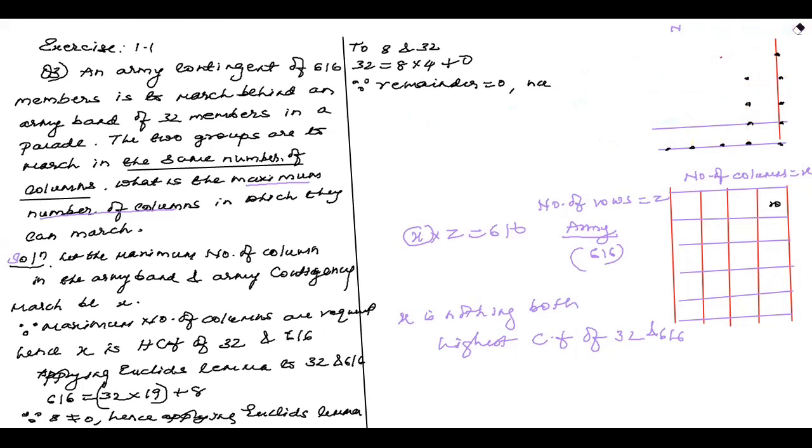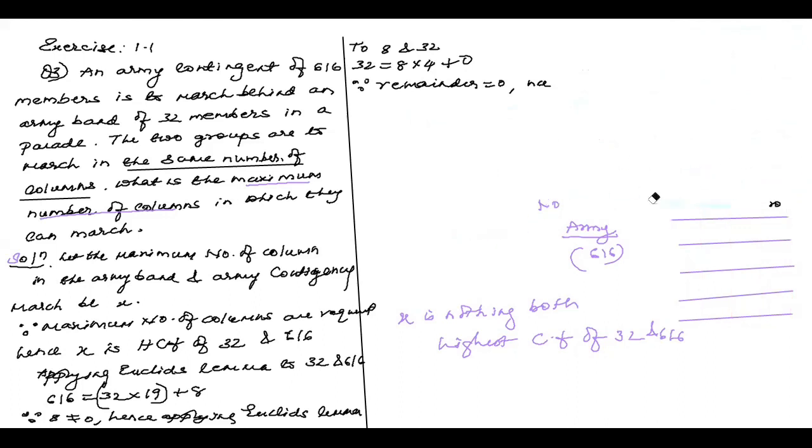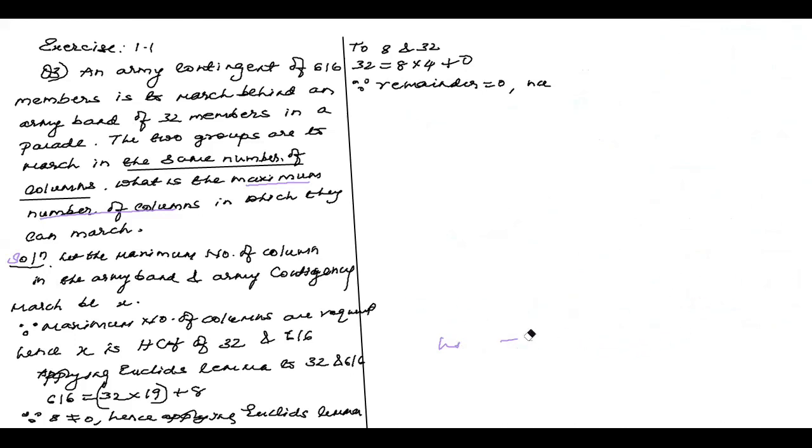Okay, so what will happen, since remainder equals 0, we can say the last divisor 8 is the highest common factor of 32 and 616. Hence, I can say HCF was nothing but the number of columns.